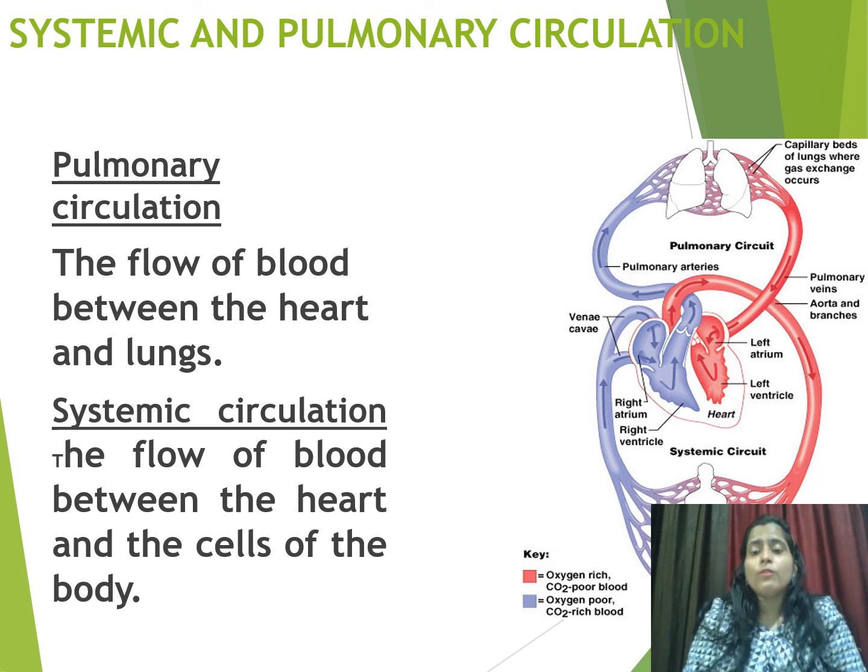So the flow of blood between heart and lung is called pulmonary circulation, and the flow of blood between heart and the cells of body is called systemic circulation. Okay, since these two types of circulation take place simultaneously, that's why it is called double circulation, and hence double circulation takes place in human heart.